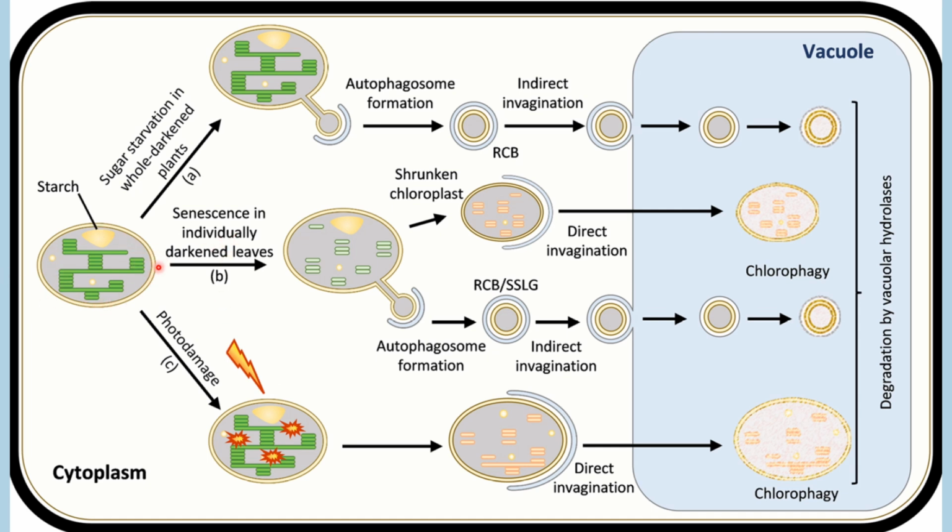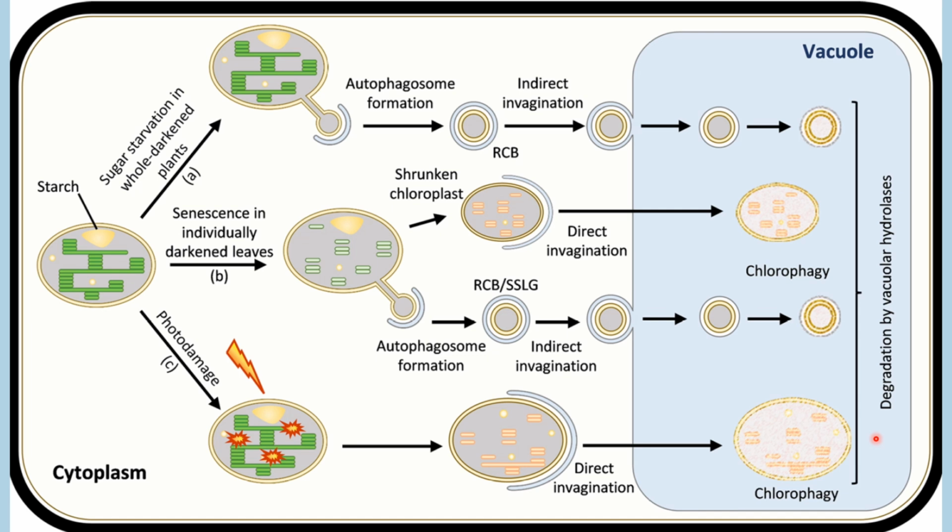When we get starvation of the plant, we get senescing going on, and we get photo damage, we start breaking down and we get autophagosomes that form, and we will break off chunks and move them through something called chlorophagy, where it's actually breaking down the chlorophyll and moving it into the vacuole, where it will be degraded and made mobile, especially going into plant cell death. When the plant is senescing, it will move almost everything to some degree.